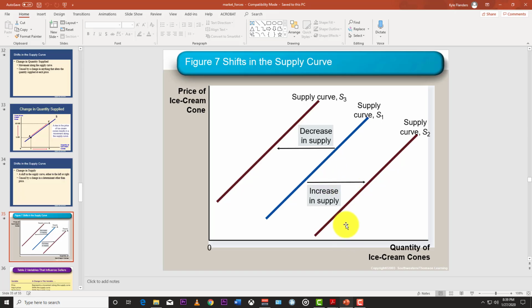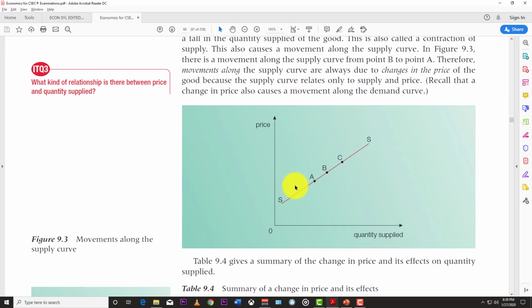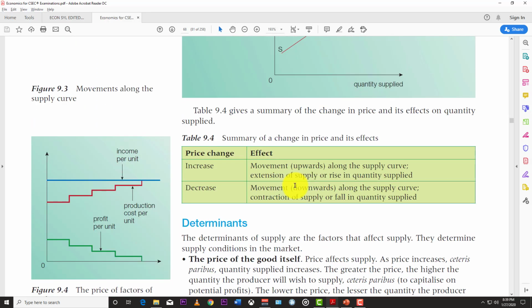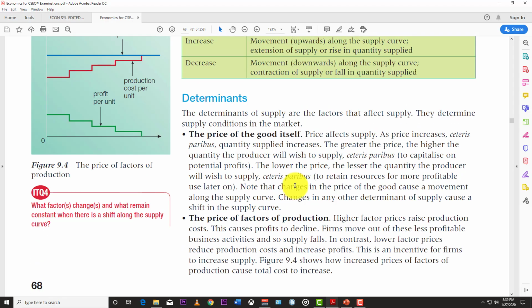All right, so let's see what the book has, since most of you might have the book. Determinants of supply, movement along the supply curve. We looked at that already, so we're not going to go through that. But let's look at some of the determinants that the book outlines. Determinants. The price of the good itself, we understand that. That affects the supply. If price increases, ceteris paribus, quantity supplied increases.